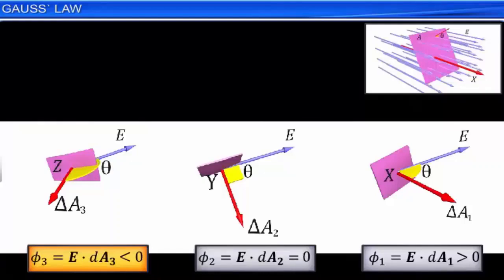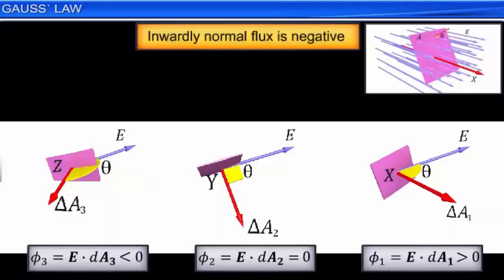For all such elements, the flux through the surface passes from the inside to outside. That is, they have an outwardly normal flux. From these observations, we can say that the inwardly normal flux is negative and the outwardly normal flux is positive.